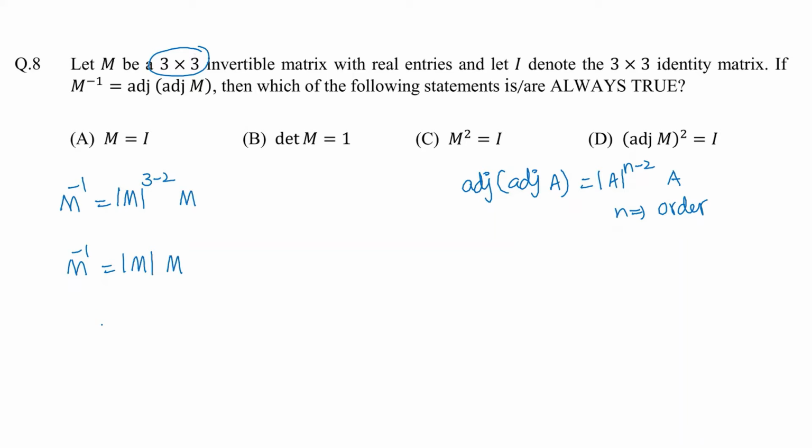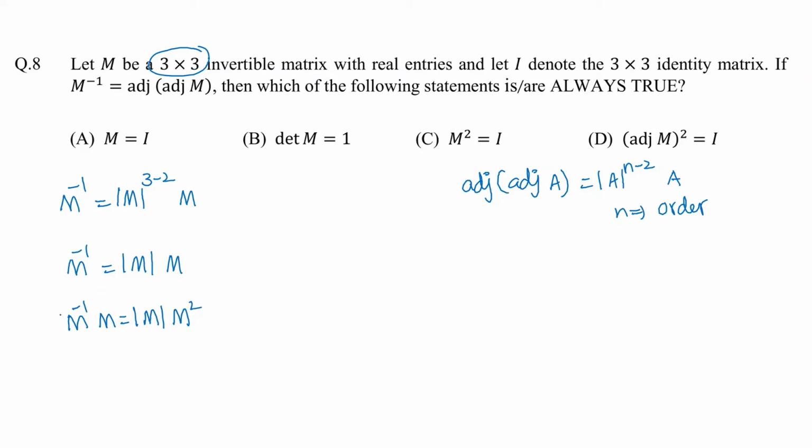So now the second thing that I'm going to do here is multiply this one with M on both sides. Okay, so we are going to do the post multiplication. Let's see what is going to happen here, because we have inverse. So definitely I'm going to multiply this one with M, so that we are going to get M inverse into M is going to be det M into M, that is going to be equal to M square.